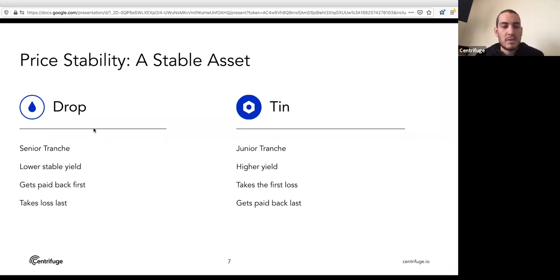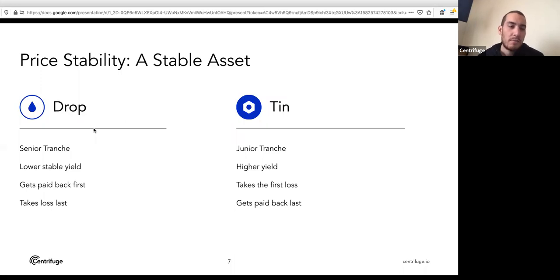The DROP token is the senior tranche, which is the more stable asset and gets paid back first. Essentially, we use the TIN token holders' investment to cover any losses that the DROP token holders would have first. So the TIN token holders have a higher yield, but they also take a higher risk, because if there are any losses, we always pay the DROP token holders out first.